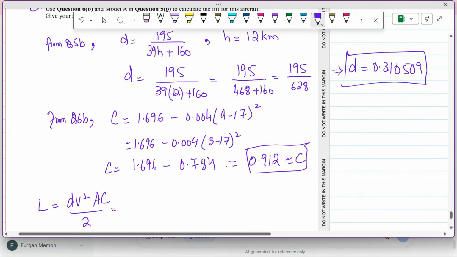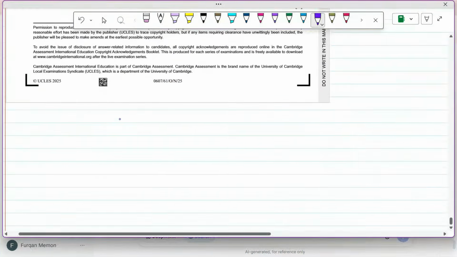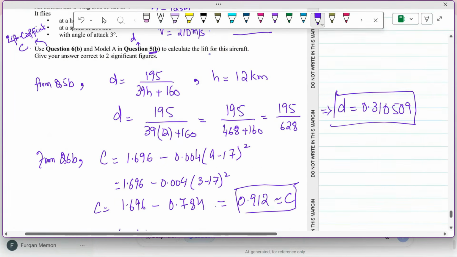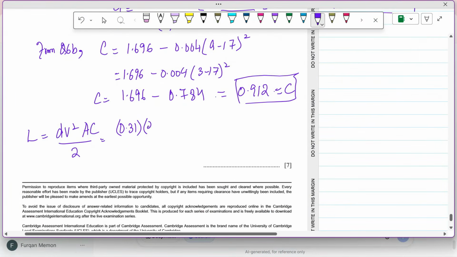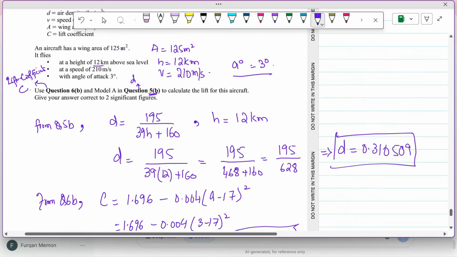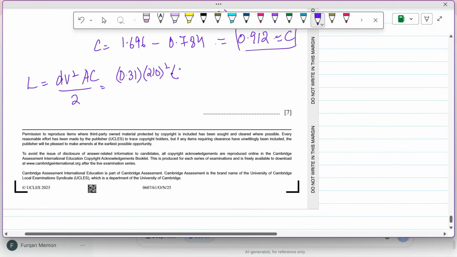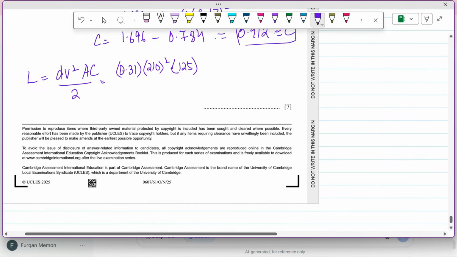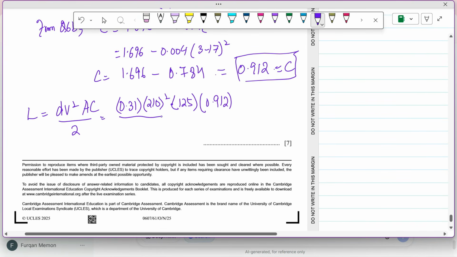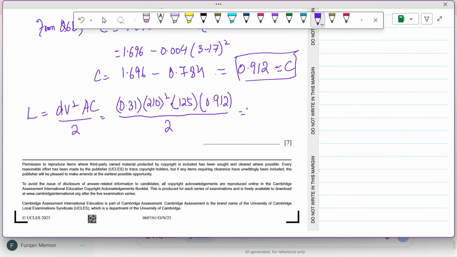In this case, d we just calculated, which is 0.31, times v, the speed given, which is 210 square, times A, the wing area, which is 125, and C, the lift coefficient we just calculated, which is 0.912, over 2. So this equals 779247.